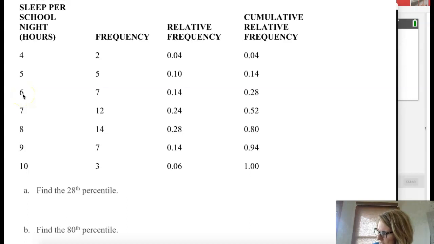So our 28th percentile is 6 hours. Make sense? All right, same thing we can do for find the 80th percentile. The cumulative relative frequency is going to be used to look at your percentiles. So here we have 80%. This means 80% of the students got 8 hours or less.